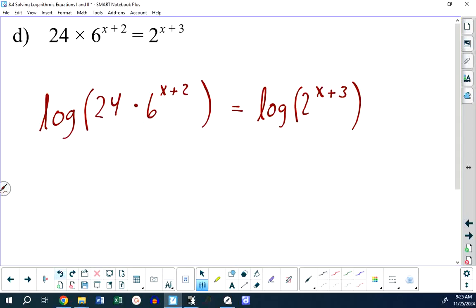What we have to do here is write this as log of 24 plus log of 6 to the x plus 2. And then in the next step, we can move the x plus 2 down.